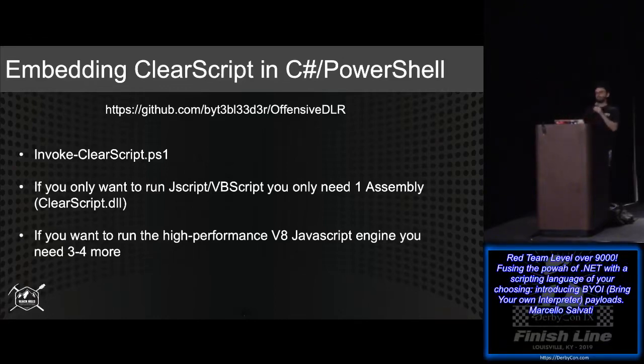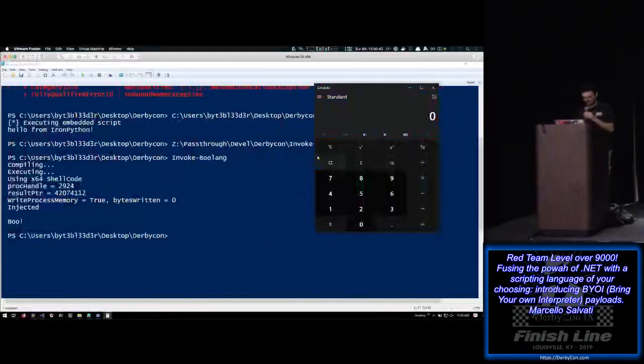And then we're calling GetObject on an SCT file hosted on my laptop. So we're basically downloading the SCT file and executing it through PowerShell within ClearScript. And again, if you want the high performance V8 JavaScript engine for some reason, you're going to need 3 or 4 more DLLs. But let's take a look at that.